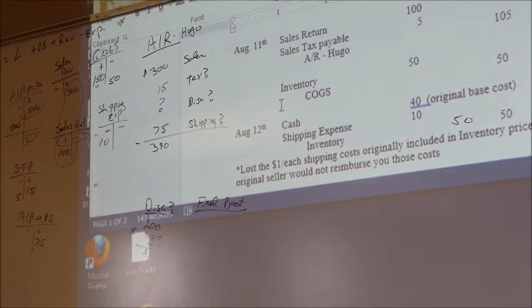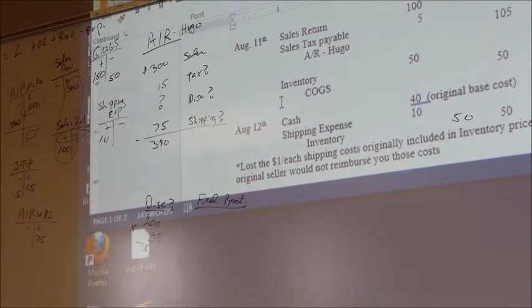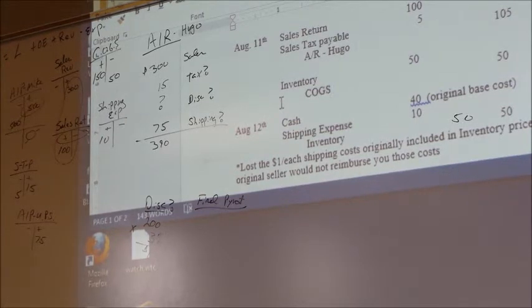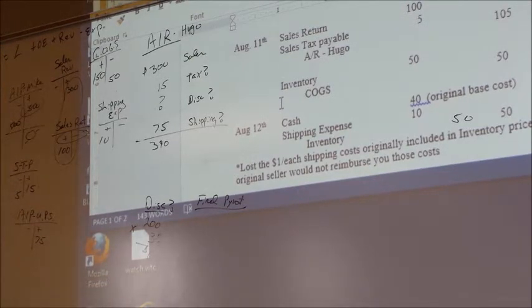So final payment, how much is Hugo going to write a check to me for? $194? Well, you're kind of thinking right.